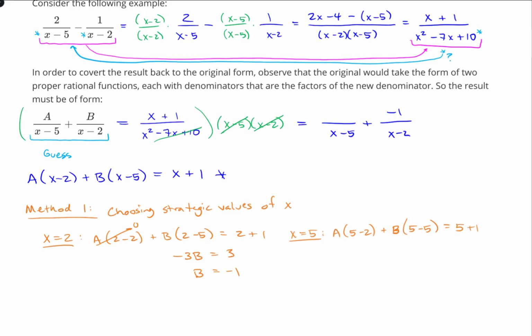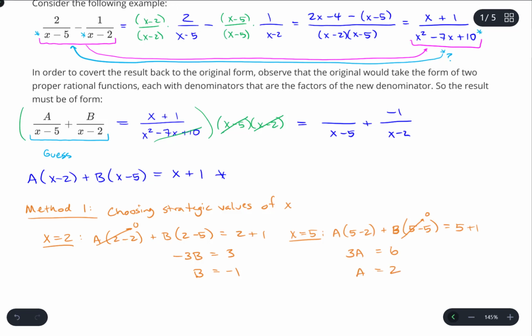So 5 minus 5 is 0. Anything times 0 is 0. So 5 minus 2 is 3, so this would be 3A equals 6. And when I divide by 3, I get A equals 2. So the A term, the value above the x minus 5, is 2.